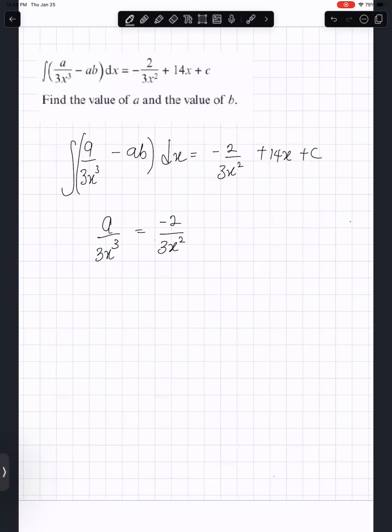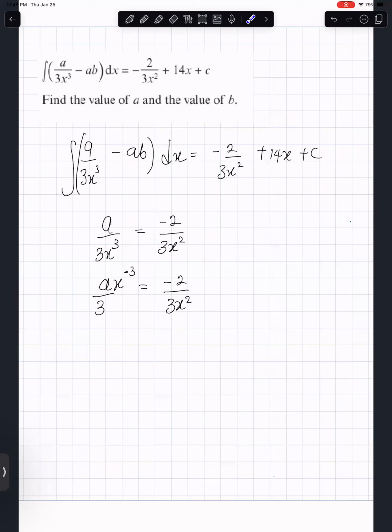So for a in this, I will have a over 3. That means we are integrating this. I'll move my x raised to the power of minus 3 up, so it becomes x to the minus 3, equals minus 2 over 3x squared. Take note, this answer here is already integrated, so we are not going to integrate it.